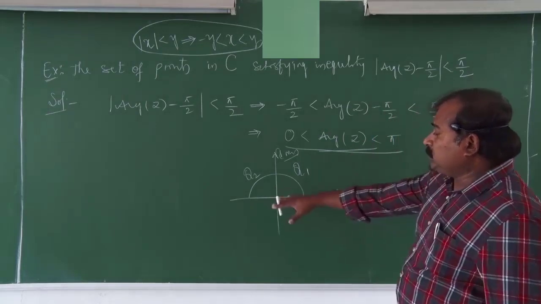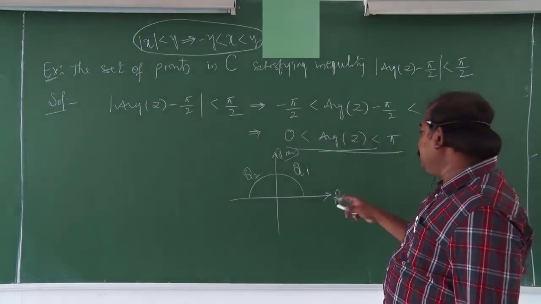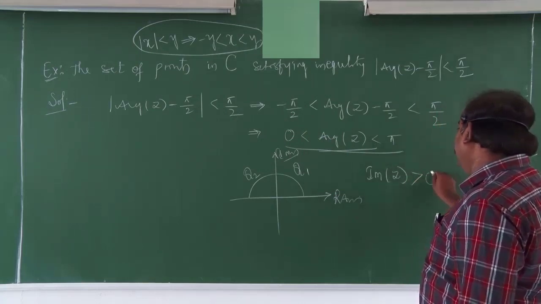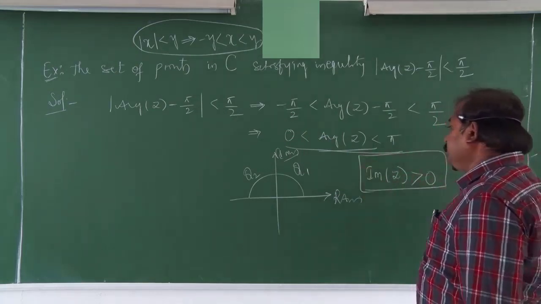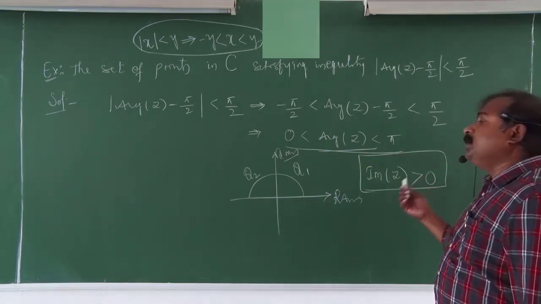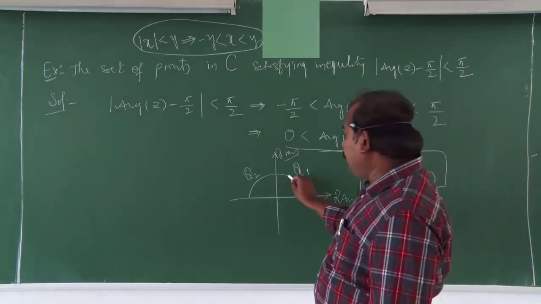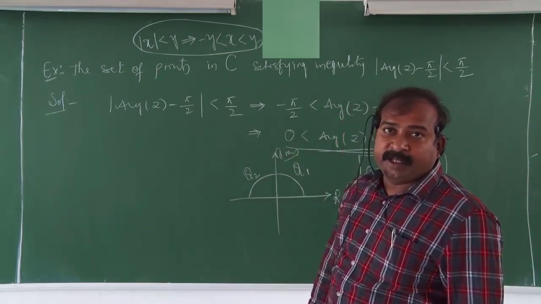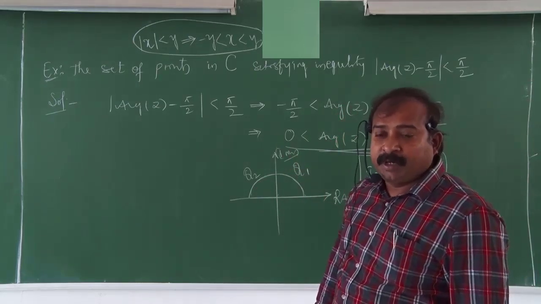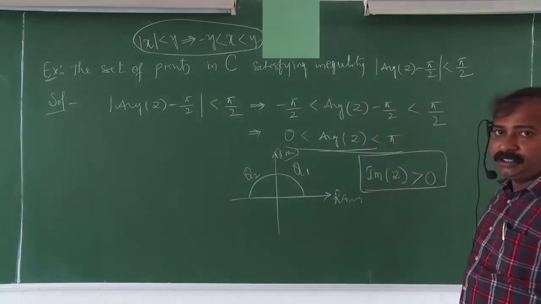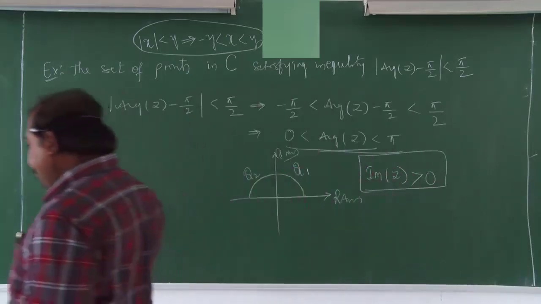Therefore the locus is the first quadrant and the second quadrant, the region above the real axis. Simply, the imaginary part of z is greater than 0. Why? Because 0 to pi means the positive imaginary side, so for any such complex number the imaginary part will always be greater than 0. Okay, next one.